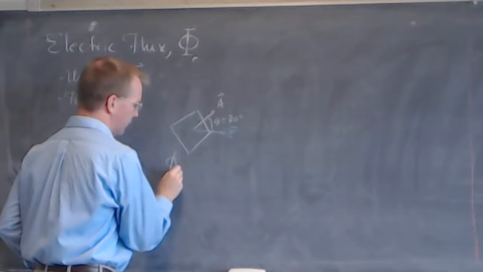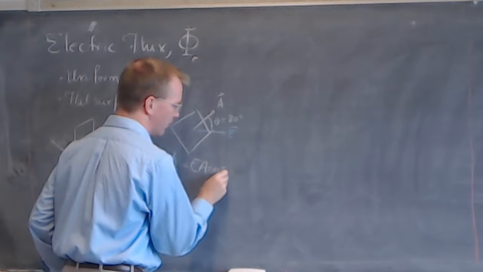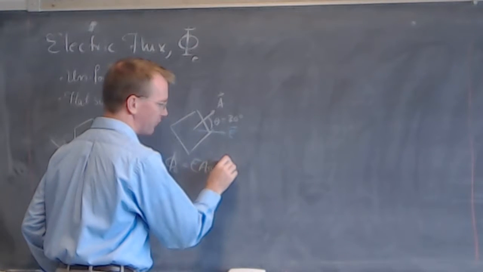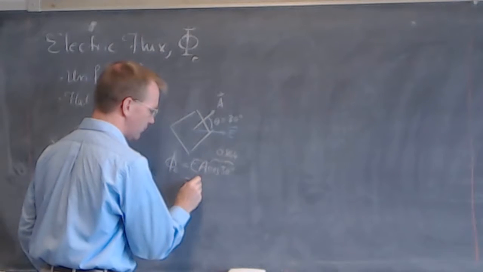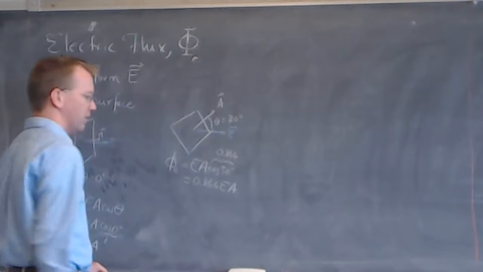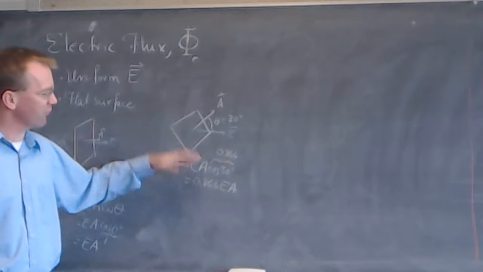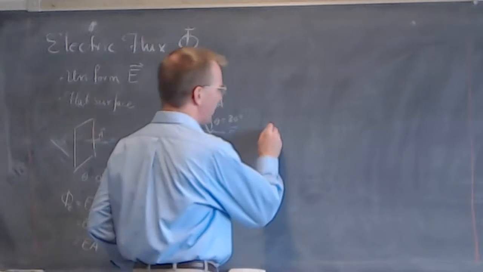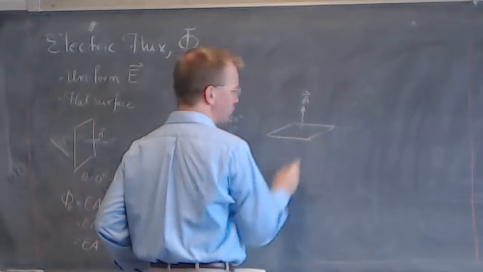Then the flux is E A cosine of 30 degrees. That's 0.866 times E A. So you see that the flux through the surface gets smaller as the angle between those increases. For that matter, I could have the surface be edge on.